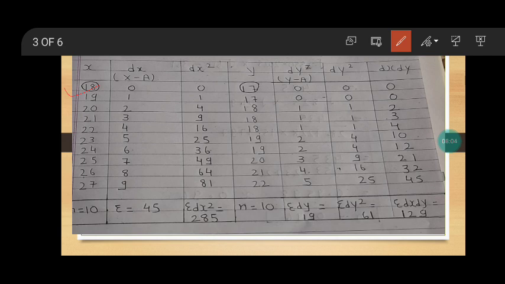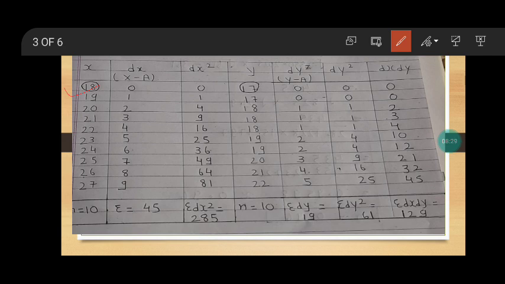This way we have calculated dx, that is the deviation of the X series from the given series. Then we have to calculate dx square. For calculating dx square, you just have to take the square of the values which we have written in the dx column.